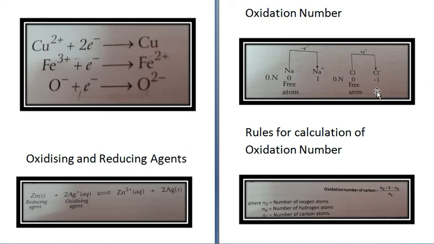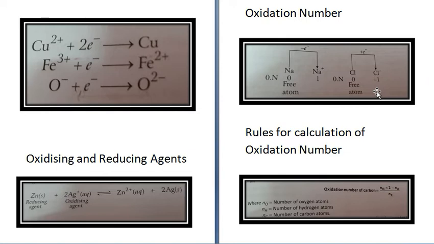What are the rules? First rule: in elements in free or uncombined state, every atom has 0 oxidation number, like in the case of H2. So every hydrogen atom will have 0. O2, because it is not combined with anything, will be 0.